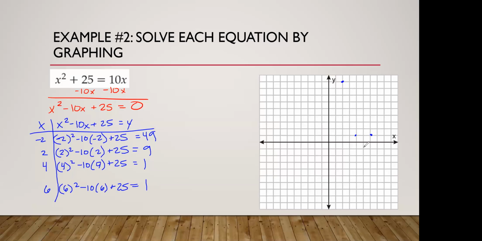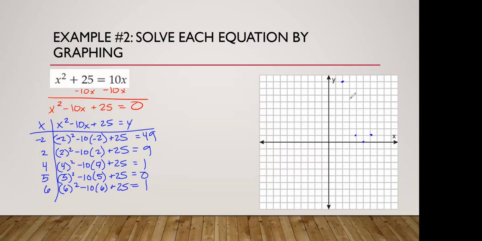So somewhere here on my parabola, I have the vertex, right? Because it's going down and then it's already coming back up. So I'm going to try 5, right? Because that's in between 4 and 6. So I've got 5 squared minus 10 times 5 plus 25. And I end up getting 0.